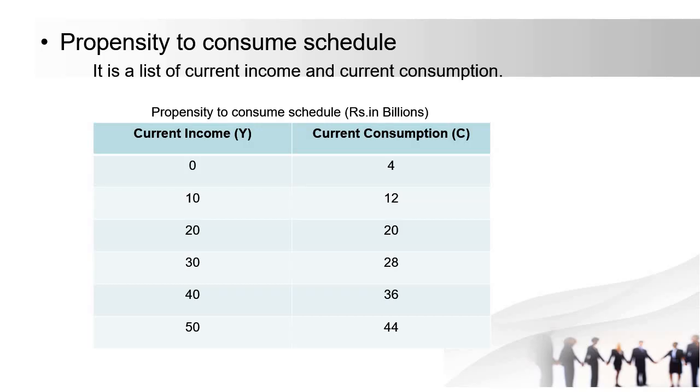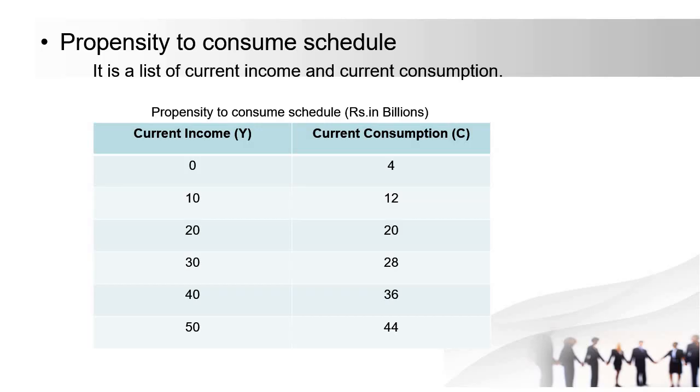When the income is increased from 0 to 10 billion, the consumption also increased from 4 to 12 billion. When the income is increased from 10 to 20, and 20 to 30, that is 10 billion from each point, the consumption also increased from 12 to 20, 20 to 28, that is 8 billion rupees.